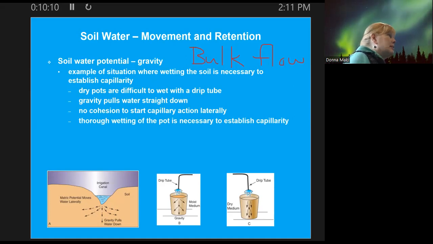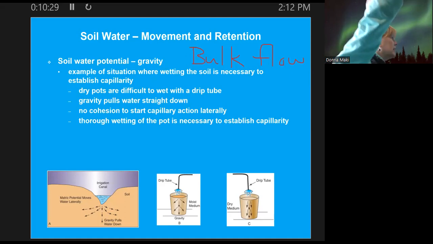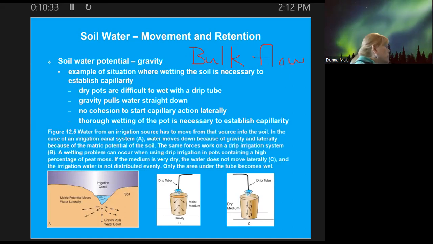So they're saying you've got to be careful if you let your soil system dry out too much, whether it's an irrigation field, a big plot of land, or your pots. You might not get that capillary flow or bulk flow of water moving out from the point of application. It's just a practical thing to think about when you're working with plants.